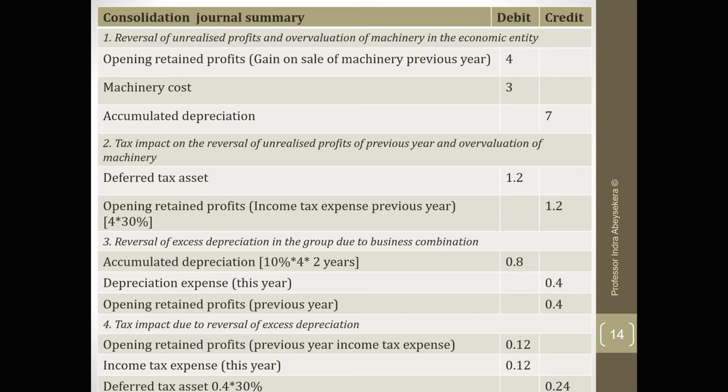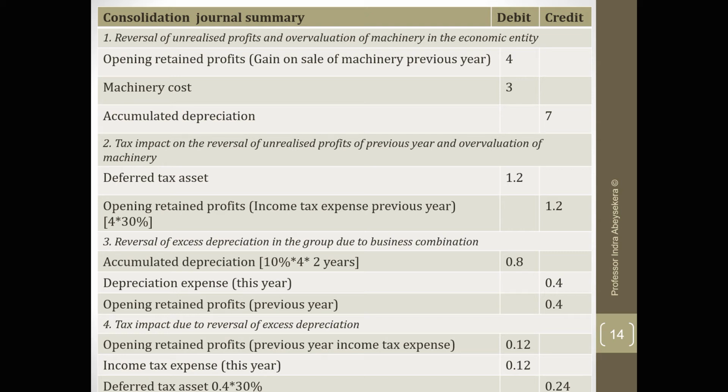So the income tax expense relating to the previous profits will also increase. We are increasing the profit because it's a credit, and therefore the income tax expense which we have to debit, but we debit to opening retained profit 0.4 times 30%, 0.12 opening retained profits.